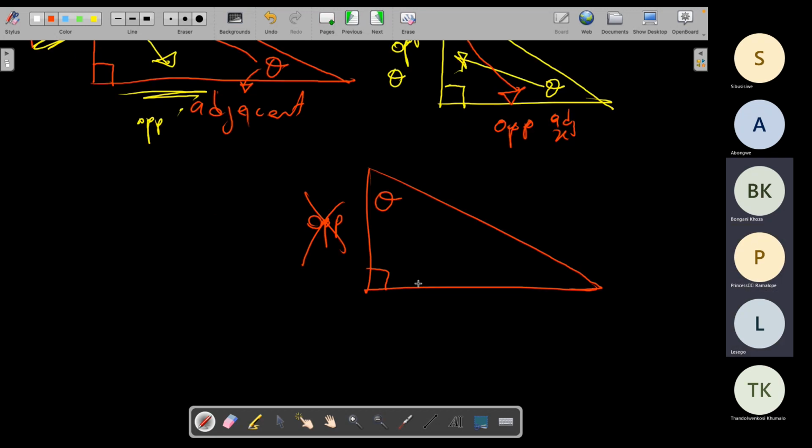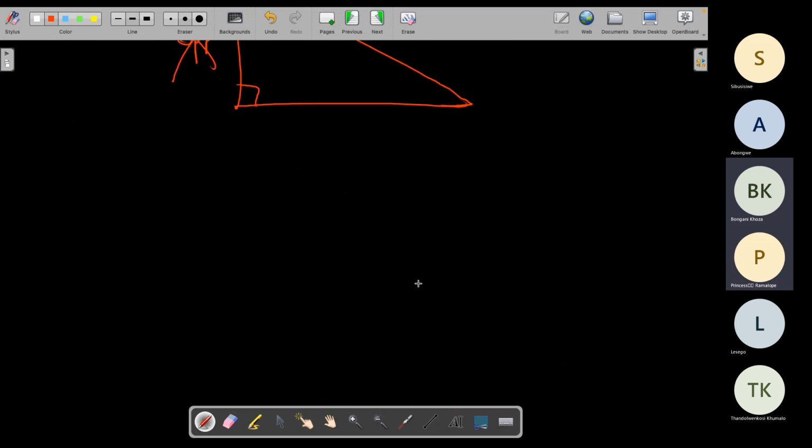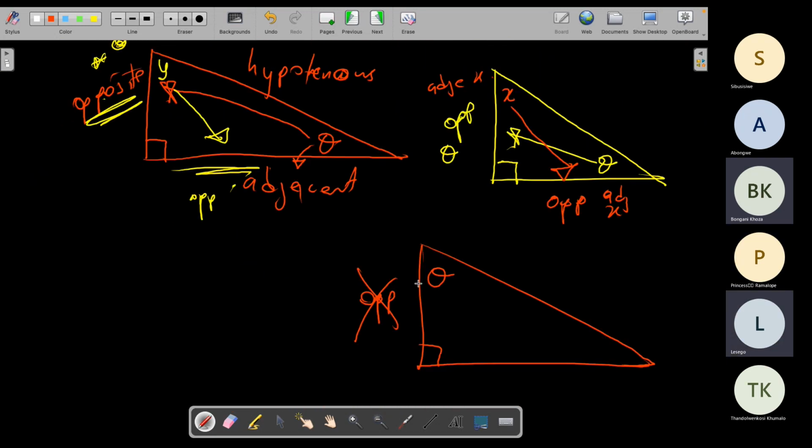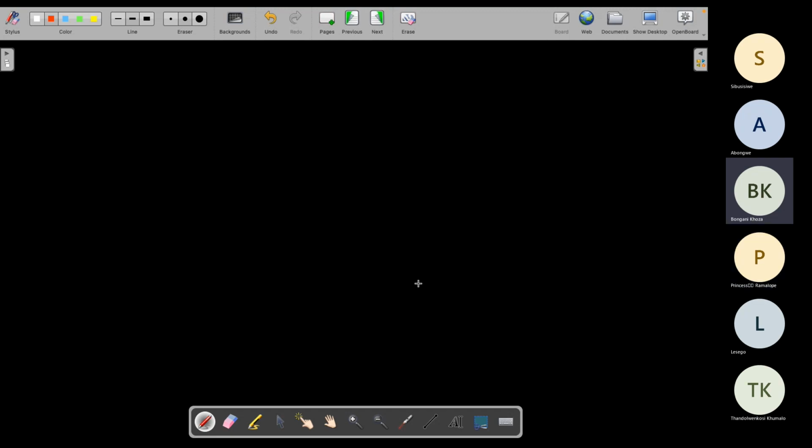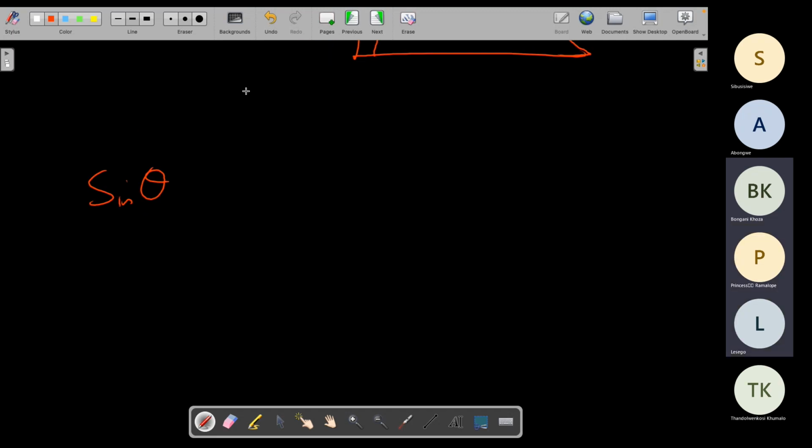All right, moving on. So now that we understand what is opposite, hypotenuse and adjacent, we can start looking at those trig ratios with a triangle. So for sine theta, let's give ourselves a nice right-angled triangle with a theta.